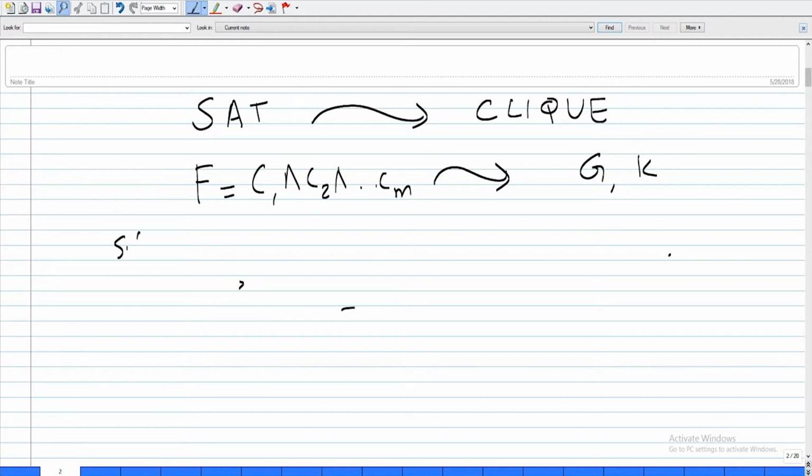Yes should go to yes, no should go to no. That is the property I want. Can you translate that? Exactly. F is satisfiable if and only if G has a clique of size k.